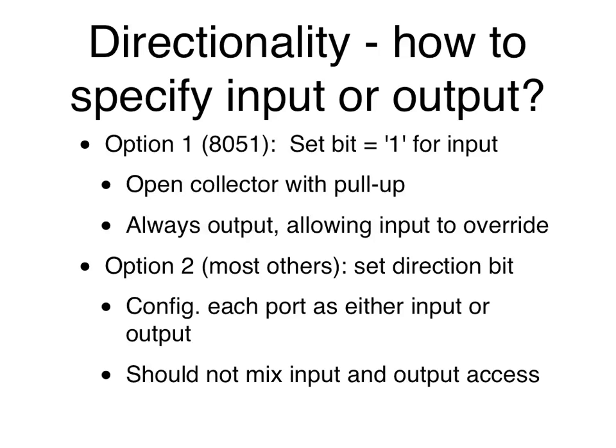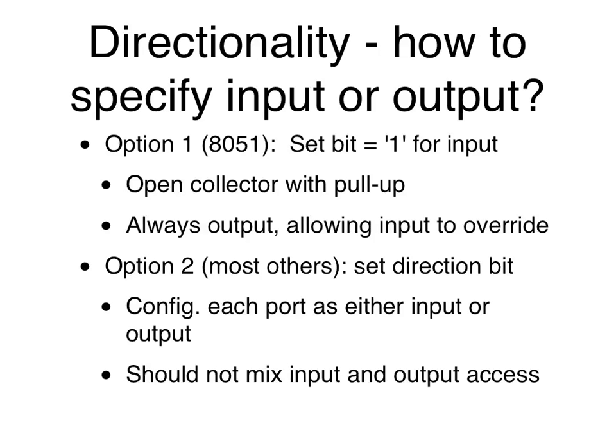So option 1, which I'll explain in more detail in a little bit: basically, you're always outputting, but if you want to input, you set the port to 1. Internally, it's done using what's called an open collector with a pull-up structure.